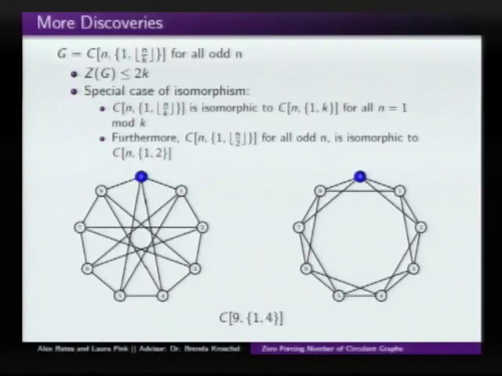If we start with 1 vertex that's blue and just walk around the circulant graph on n vertices. On the right, that should read circulant graph on 9 vertices with connections 1 and 2, and this is 9, 1, 4. We can just walk through a cycle to show that they're structurally equivalent.